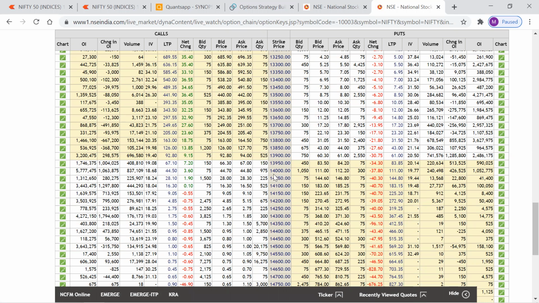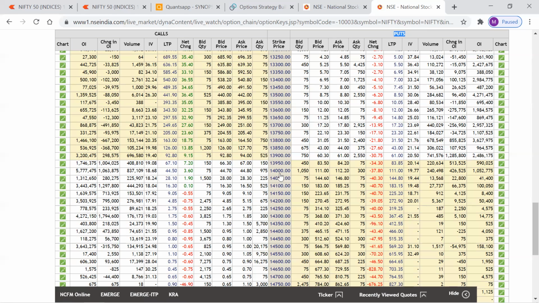So this is nothing but calls. Look at this table. All the data towards the left side of the table is related to calls, and all the data on the right side of the table is related to puts. The strike price is common for calls and puts, but all the remaining data towards the left side is related to calls, and on the right side it is puts.